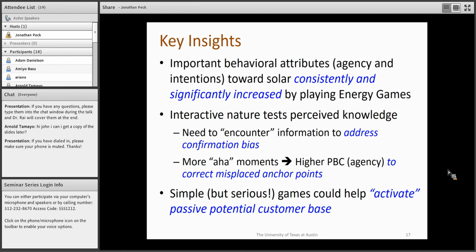So overall, our work in this area, through multiple experiments that we have done, has suggested that simple games like this could activate the passive potential customer base, which I have highlighted before.